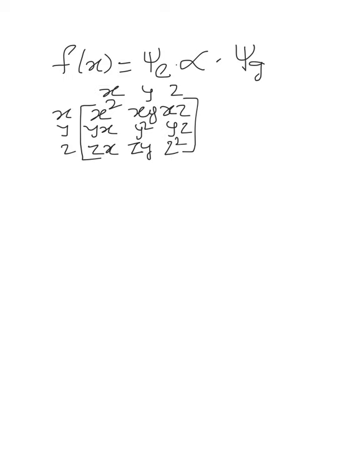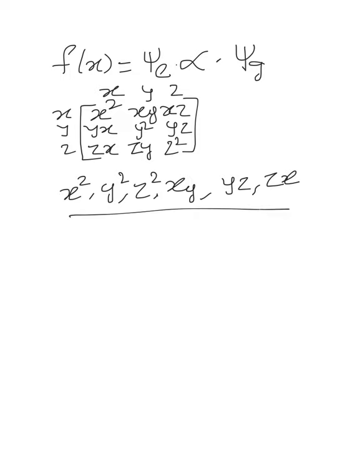So it has basically 9 components. If you consider xy and yx the same, then you will have x square, y square, z square, xy, yz, zx, so overall 6 components.